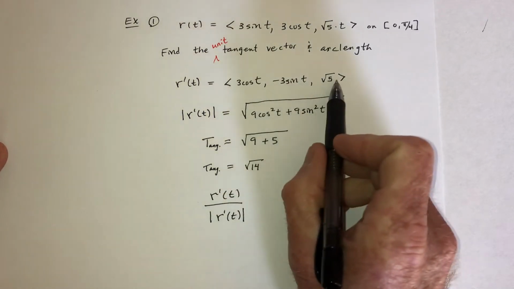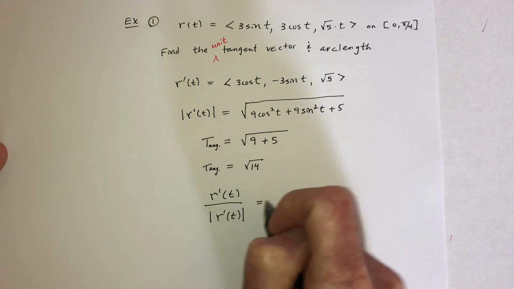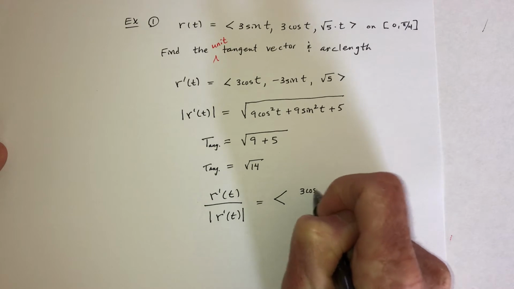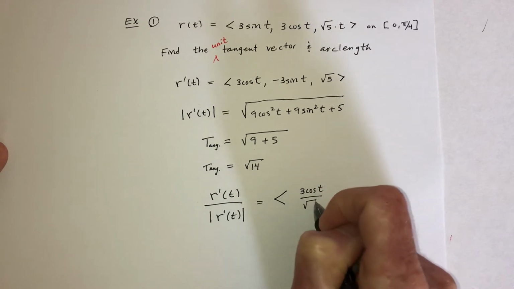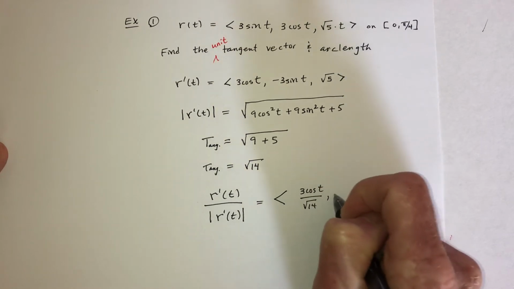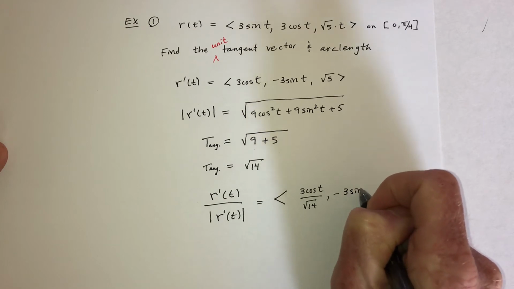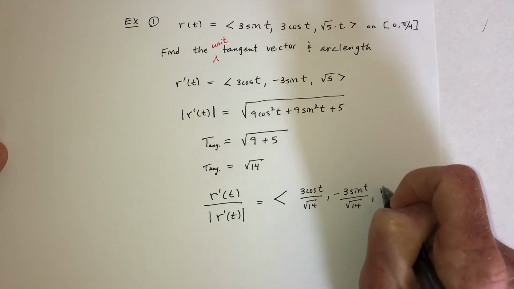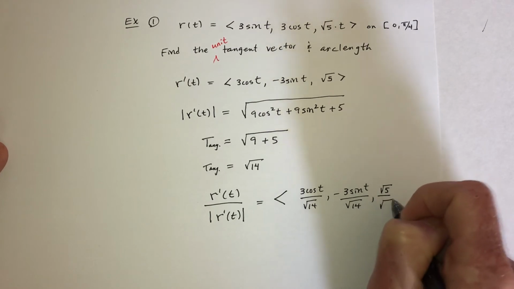So just take this one and divide by its length. So you could just do that with each component. So it'll be 3 cosine of t divided by the square root of 14, and negative 3 sine of t divided by the square root of 14, and then square root of 5 divided by the square root of 14.